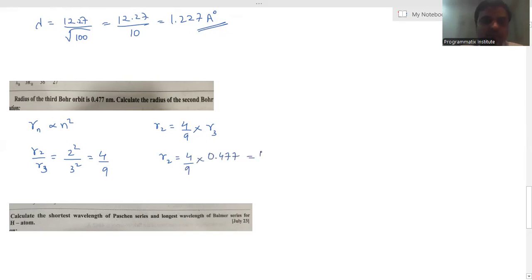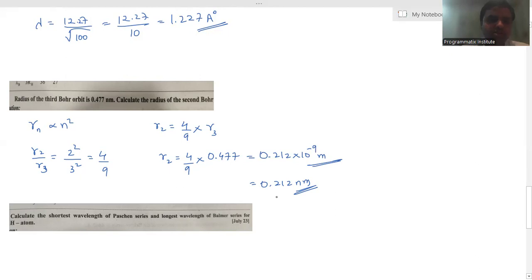After calculation, you get the value 0.212 into 10 raised to minus 9 meter, or you can simply write 0.212 nanometer. Great. Because the given value is in nanometer, you can write it in angstrom as well, or in nanometer as well.